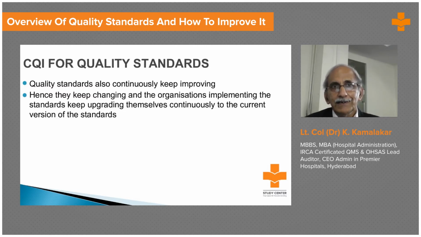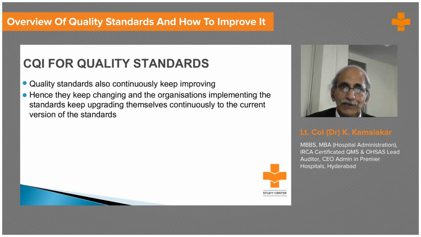When they measure it, they may come to know that the process is performing at 1 sigma level, or 2 sigma level, or 3 sigma level. It is a statistical measure. By applying the Six Sigma principles, they will be improving the performance of the process till it reaches Six Sigma.